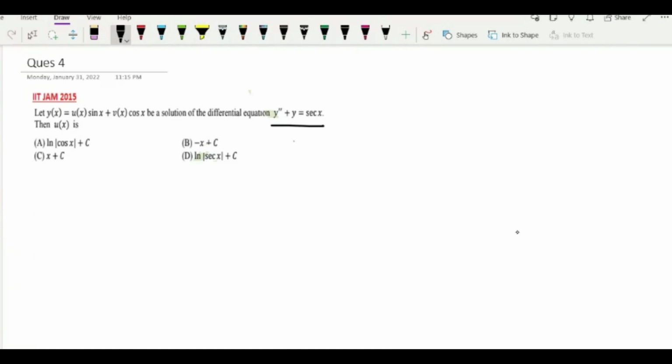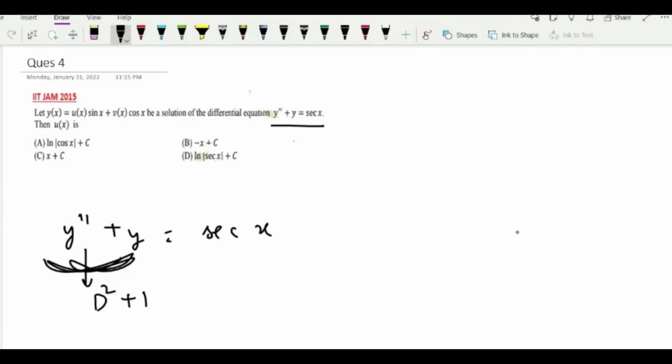Here you can see within a second that this is a constant coefficient equation, and from here we get D square plus 1, and the auxiliary equation is m square plus 1 is equal to 0, which gives plus minus iota, complex pair roots, and in this case we have c1 cos x plus c2 sin x as the CF.